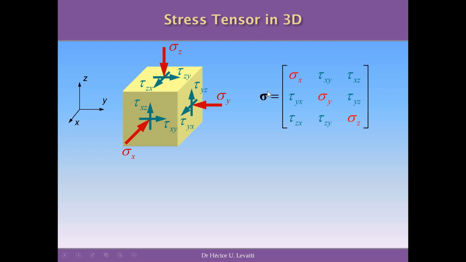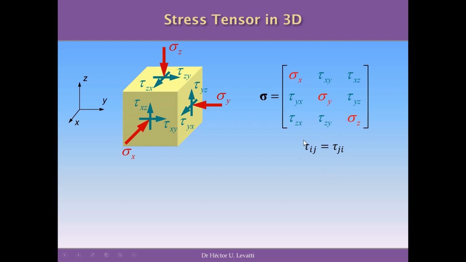So this stress state sigma will have 3 axial stresses in the diagonal, and you have 3 and 3, in total 6 shear stresses, that represent the state of the stresses at a point in the soil mass. The particularity and property that this tensor has is that it's symmetric regarding the main diagonal, here in red.